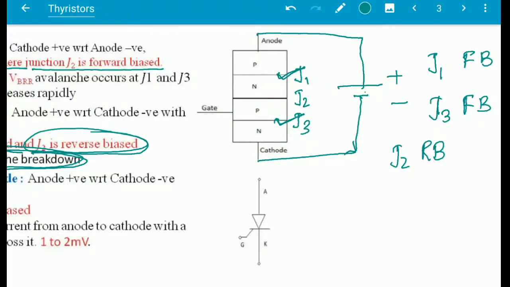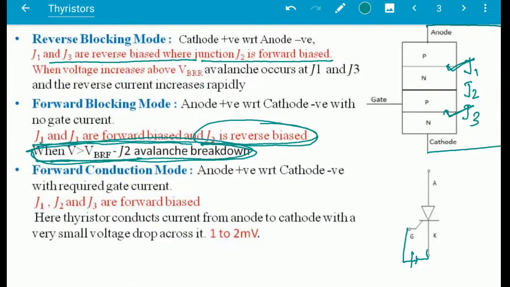So if we apply a positive gate voltage to the gate, or the middle P, then J2 will be forward biased and the whole thyristor will allow the current. So here J1, J2, J3 all are forward biased and a gate current is provided.